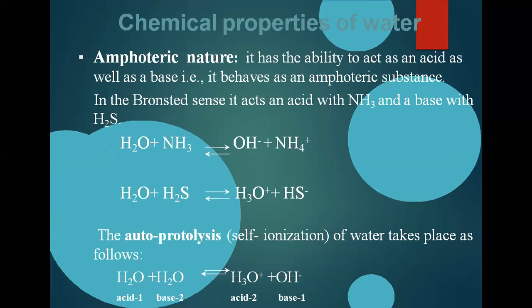H2O with H2S gives H3O positive and HS negative. The autoprotolysis or self-ionization of water takes place as follows: one molecule acts as an acid and one as a base, meaning the same molecules can be acid and base, because of the acceptance or donation of the H positive ion. So H3O positive and OH negative will form.